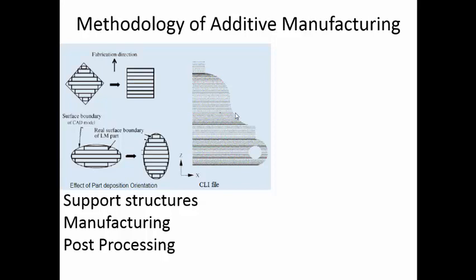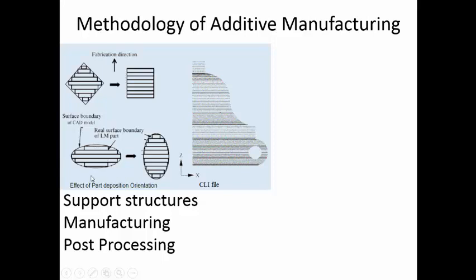So here you can see a square surface can be manufactured this way, or if it is manufactured this way. If you are manufacturing like this, you will be having several steps over here, you can see. But if you are manufacturing like that, you will be having a smooth vertical surface. The same is the case with the ellipse.